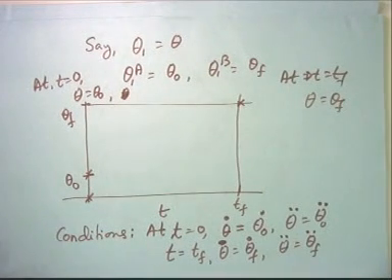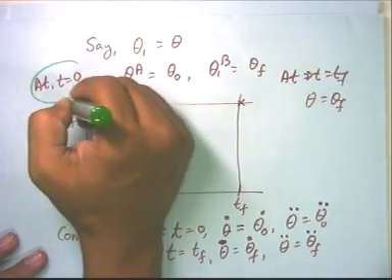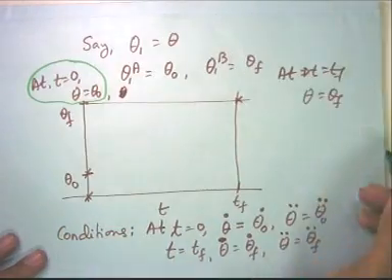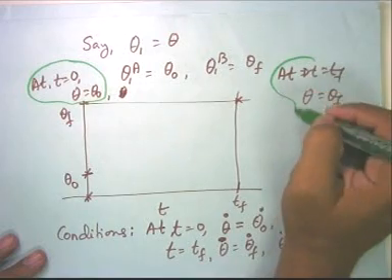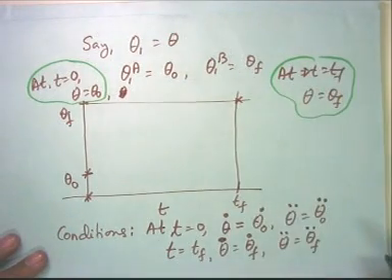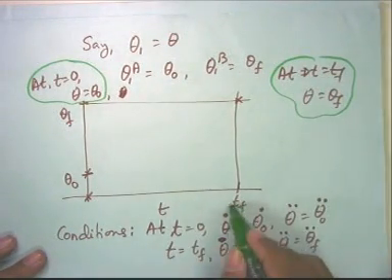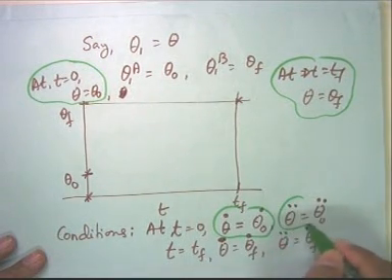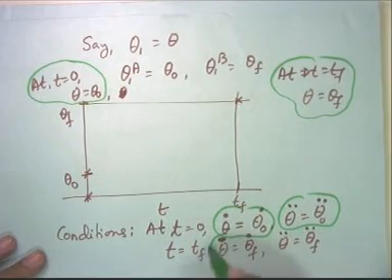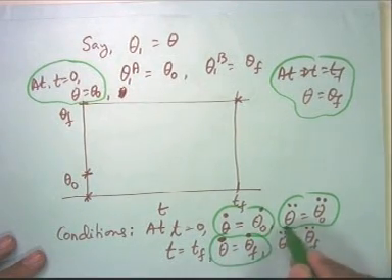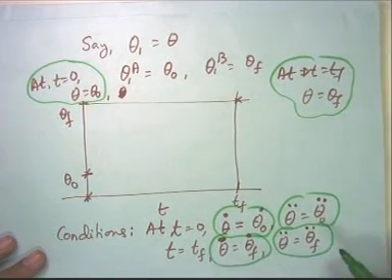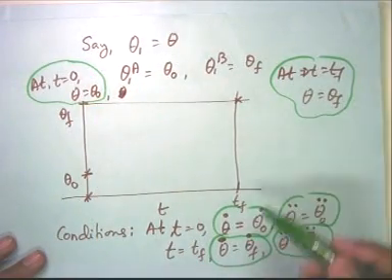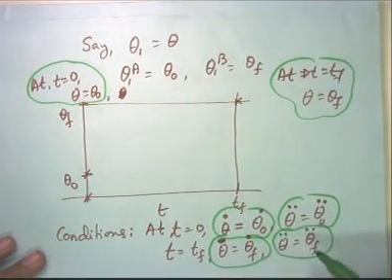So, if you look at it, I now have so many conditions to be satisfied. I have one condition here, another condition here, another here, another here, another here, and another here. So, 1, 2, 3, 4, 5, 6.